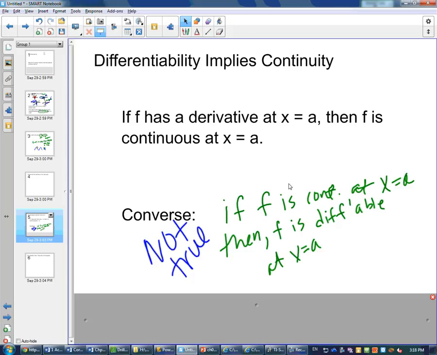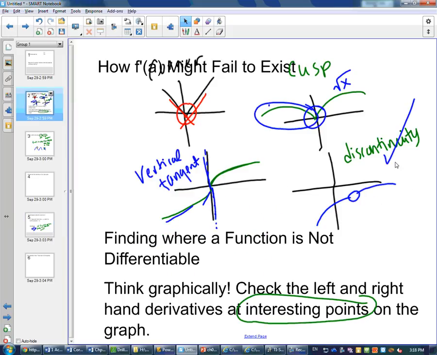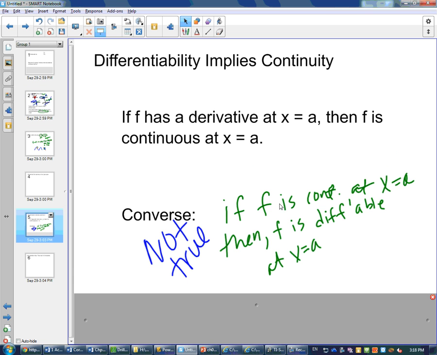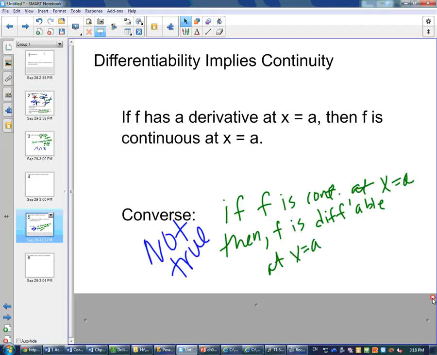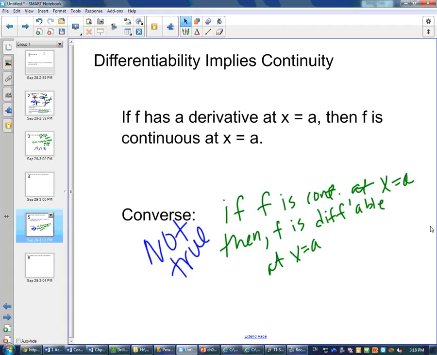Now, let me back up here. If you are discontinuous, you're definitely not differentiable. But it is possible to be continuous and not differentiable. And these are 3 counterexamples. What is true is what's called the contrapositive. Don't get so caught up in the language here.